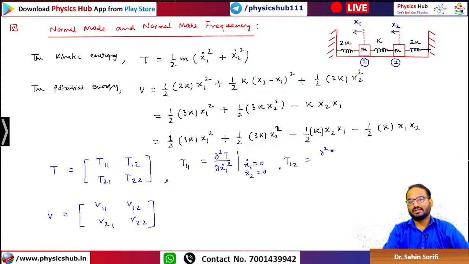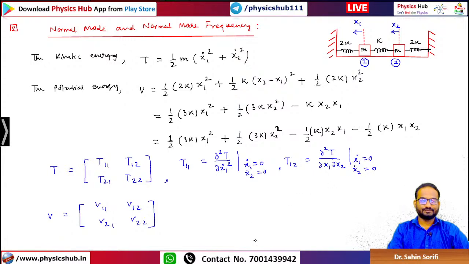What will be your T12? Del square T, so del x1 dot del x2 dot, and as usual we have to put x1 dot equals 0, x2 dot equals 0, and you can imagine the third term. If I am writing it here, T21, what will you write?